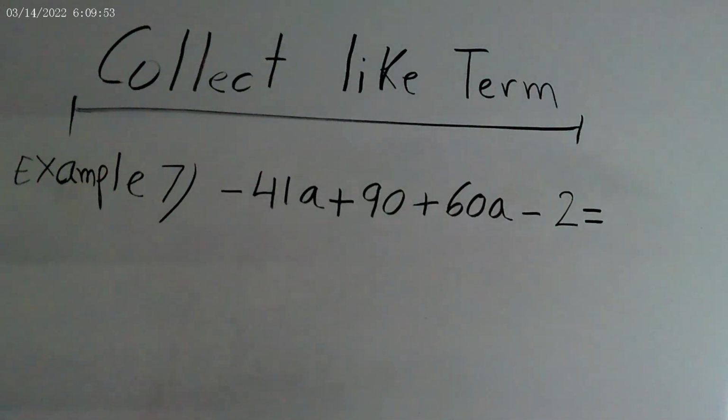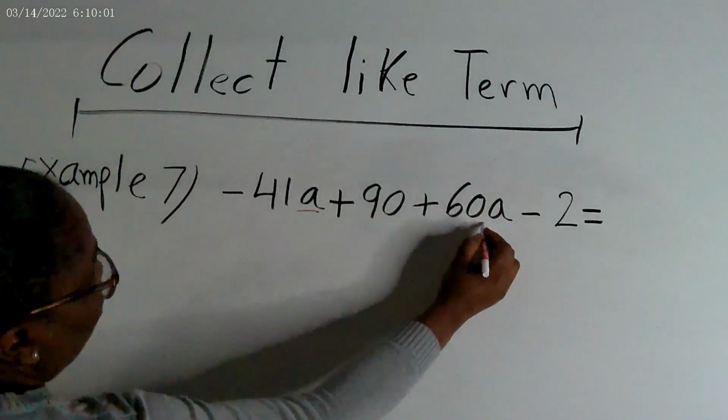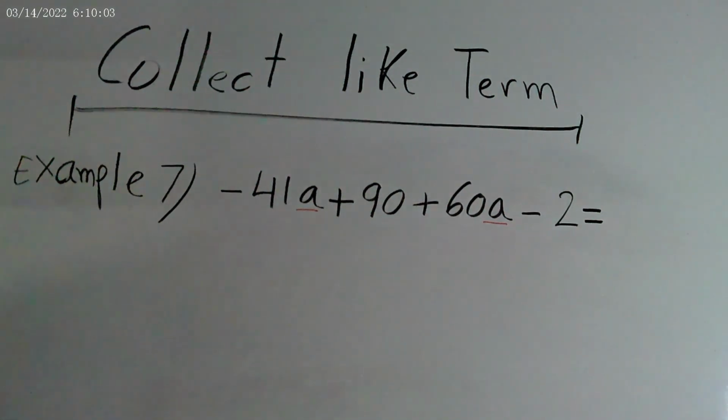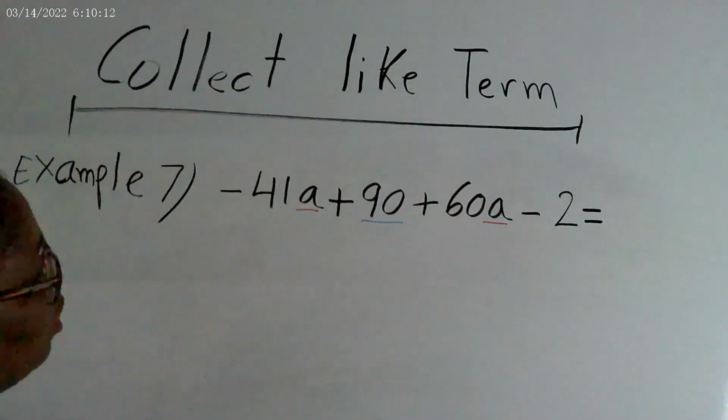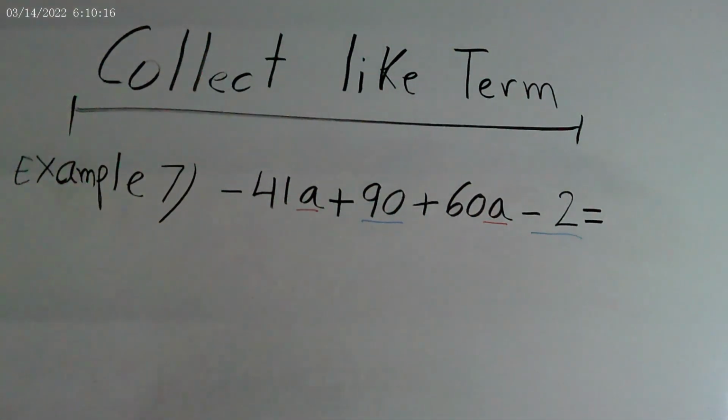Let's see which one has the same variable. We have a here and a here. They are the same variable. We're going to collect them. And this one is a constant, and this one is a constant. We're going to combine them. Okay? So let's go.